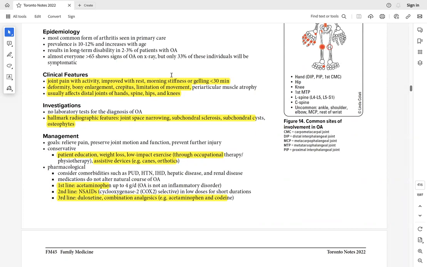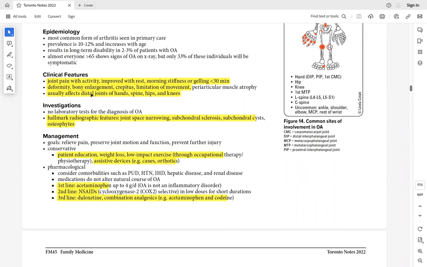In the books, you might find that for rheumatoid arthritis the morning stiffness is more than 30 minutes, and for osteoarthritis it is less than 30 minutes. But that is not the main differentiating or diagnostic point. That is just for the books.